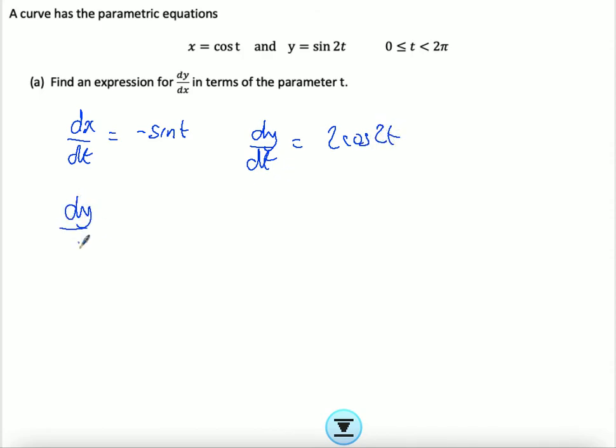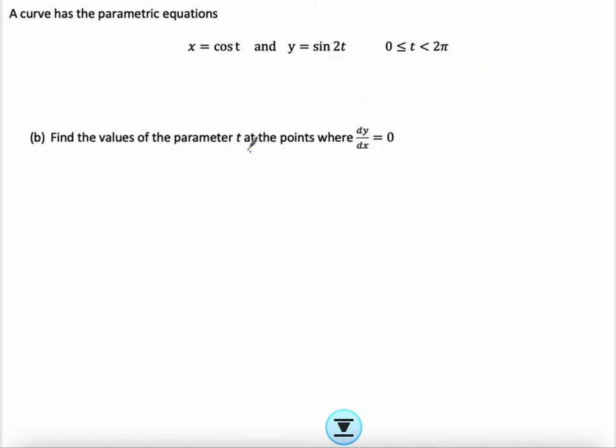So dy by dx is 2 cos 2t over negative sine t. Remember, I can't turn this into cot because the inputs are different. This input is 2t, this input is 1t. We can't do that.